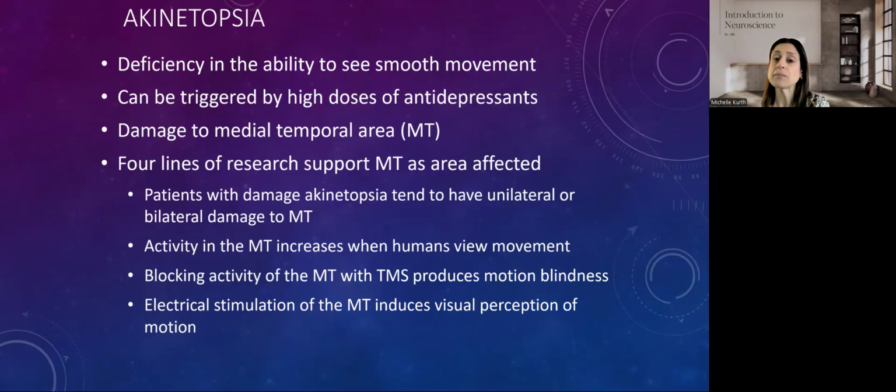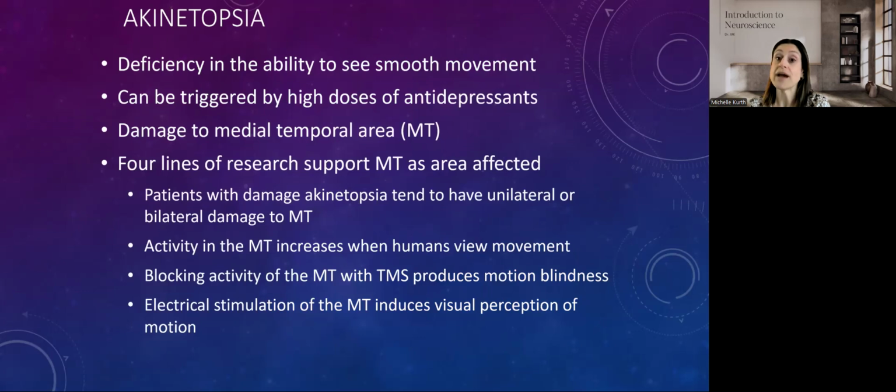There are four lines of research that have implicated the medial temporal area in the perception of movement. One of them is that patients with akinetopsia tend to have unilateral or bilateral damage to that area. It's also measured by functional MRI, so fMRI, and the activity in the medial temporal area increases when humans view movement.